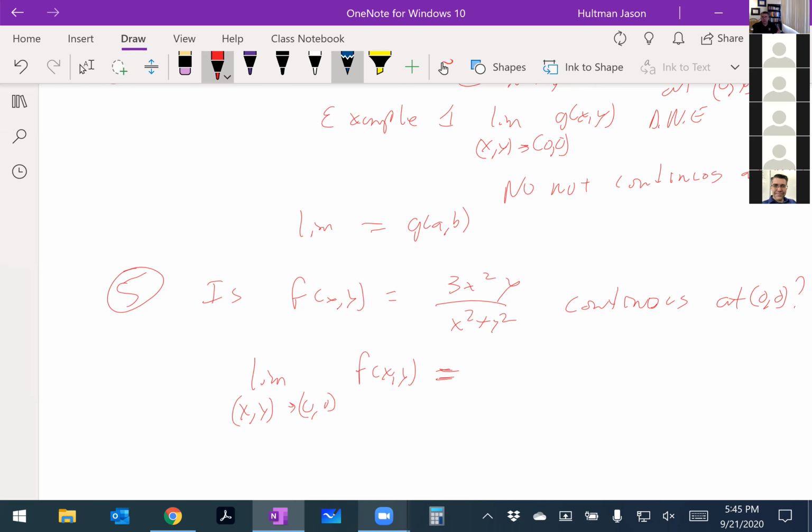Anybody know? What's the limit of this function? It was 0. Yeah, how did you know, Armando? Because we proved it. Yeah, because we just spent 45 minutes proving that, right? See example 3, see proof. Boom. But what else is true? Isn't f(0, 0) equal to 0? Isn't that also true? So is this continuous? Yes. Boom, done. Look at that.